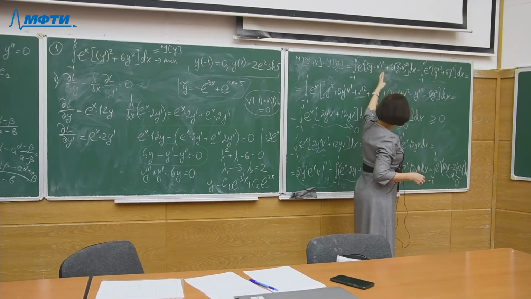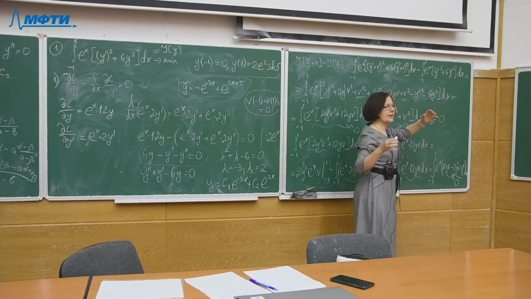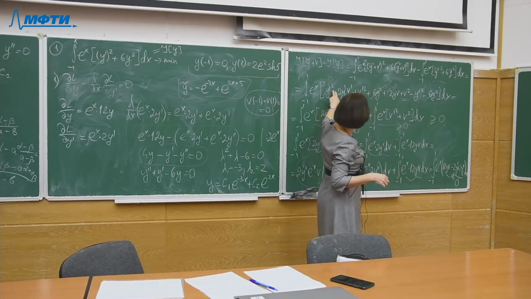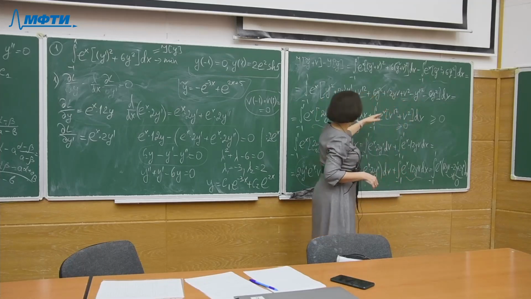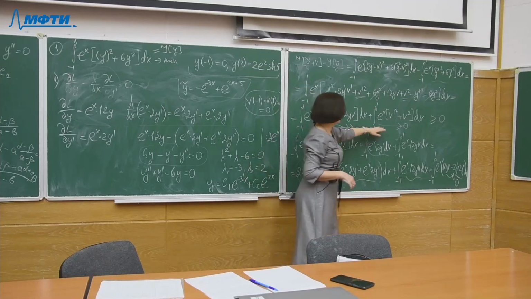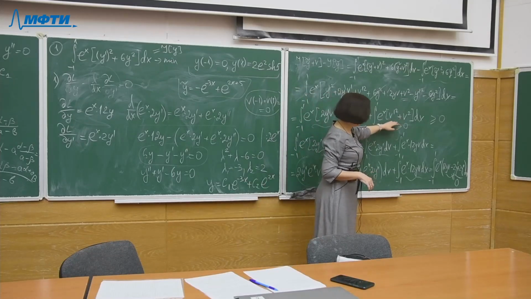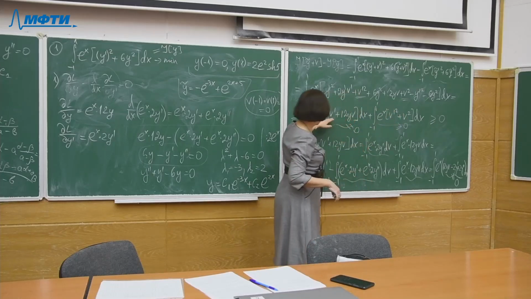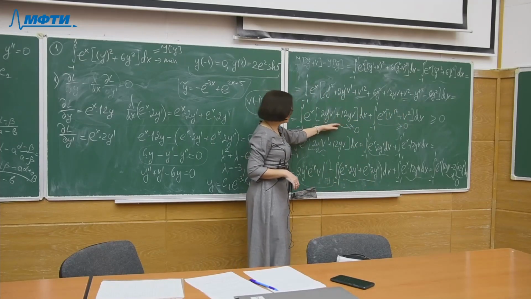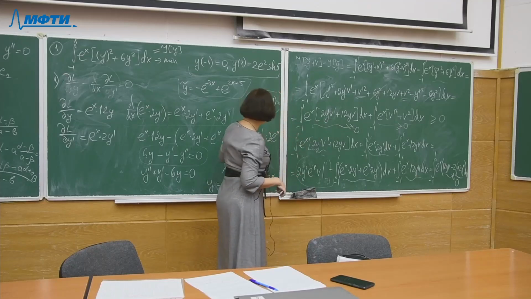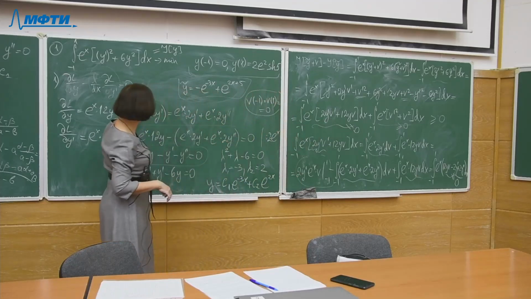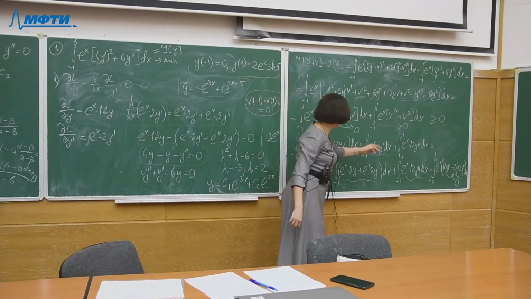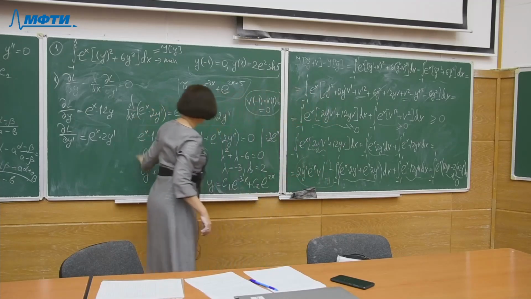We gather all the terms together. We cancel similar terms, y prime squared and y prime squared and so on, and simplify. And we can see the positive part, and the last part corresponds to this equation, and can be rewritten as this equation.